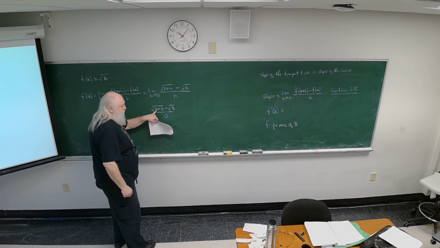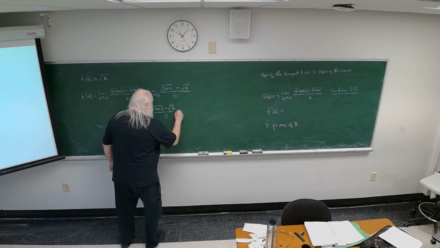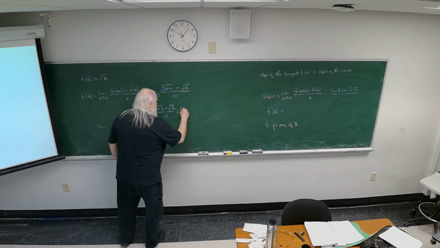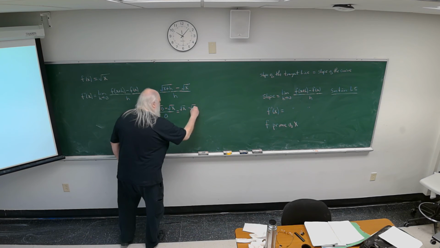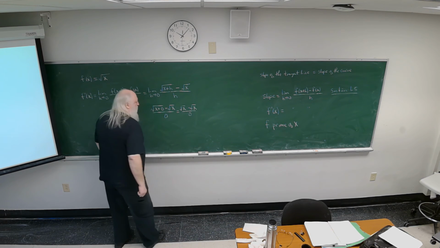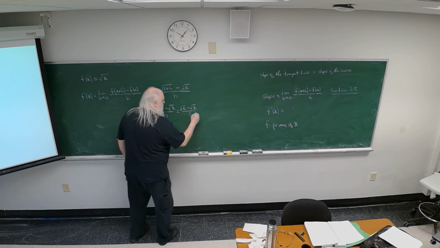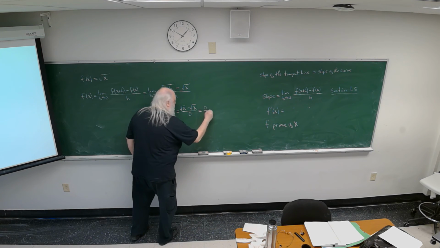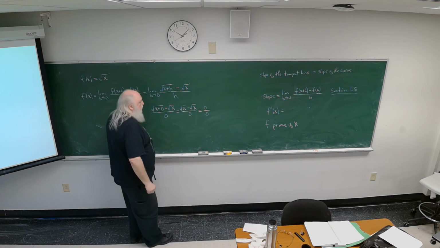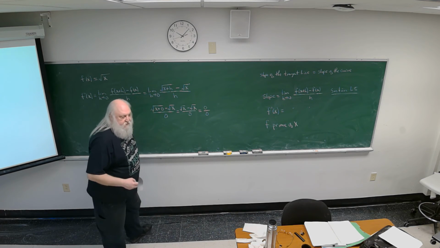Well, x plus 0 is x, so we have square root of x minus square root of x in the numerator over 0 in the denominator. And square root of x minus square root of x is 0. Right? Anything minus itself is 0. And so we have 0 divided by 0, which is undefined.